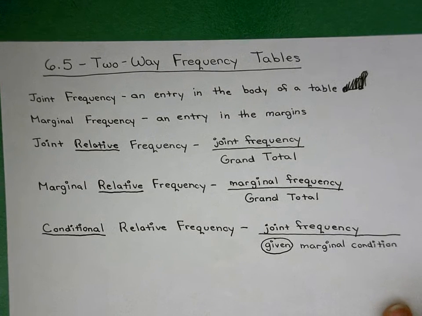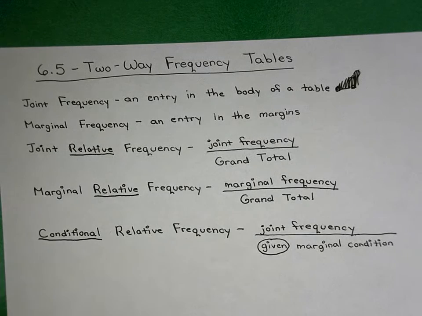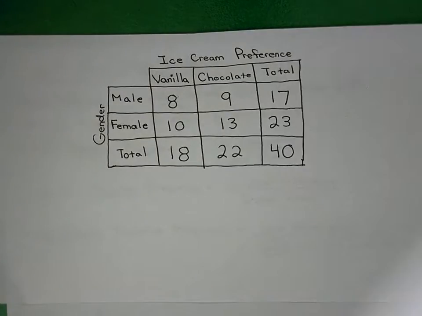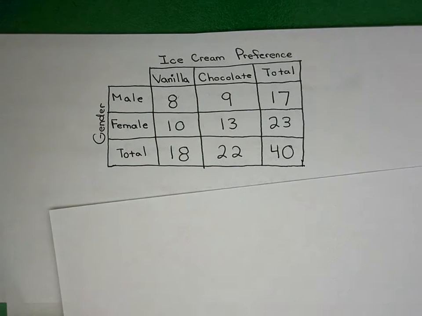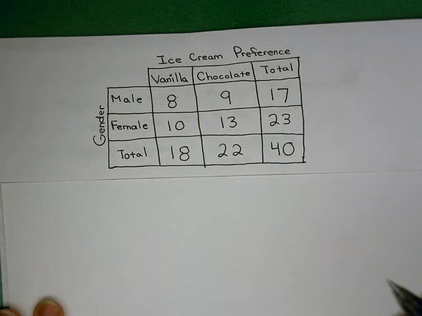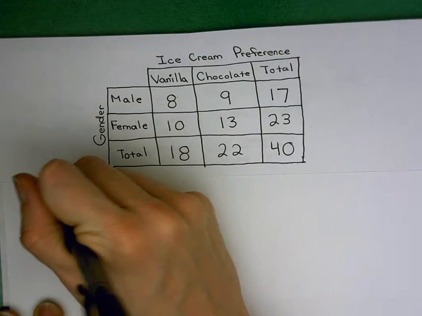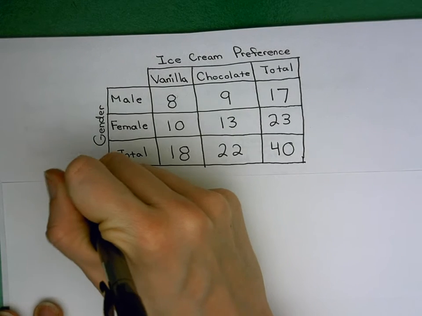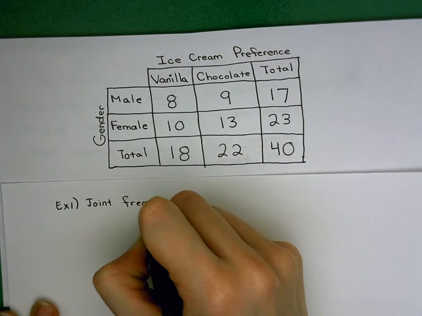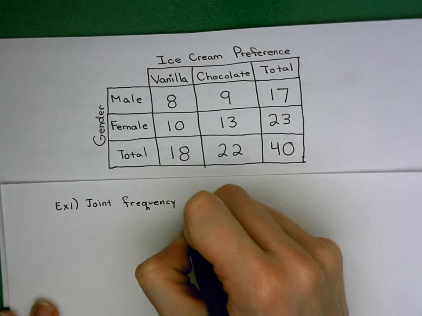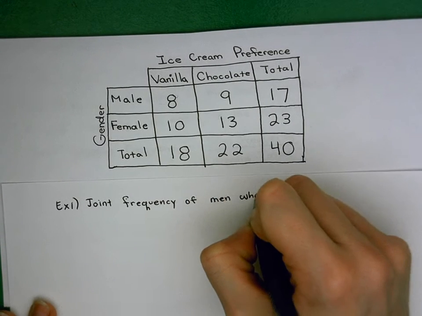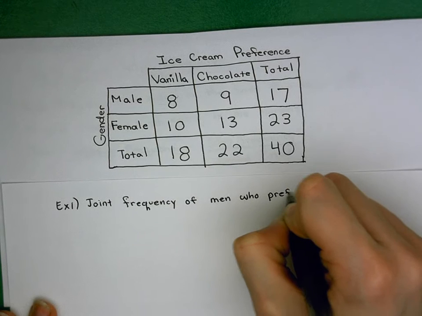Okay? So we're going to go ahead and demonstrate a couple of these with this two-way frequency table that we've got here. Your question, for example, could say, this up here, I will call it example 1. What is the joint frequency of men who prefer chocolate?